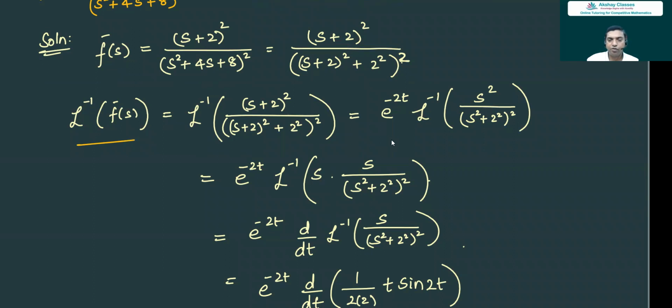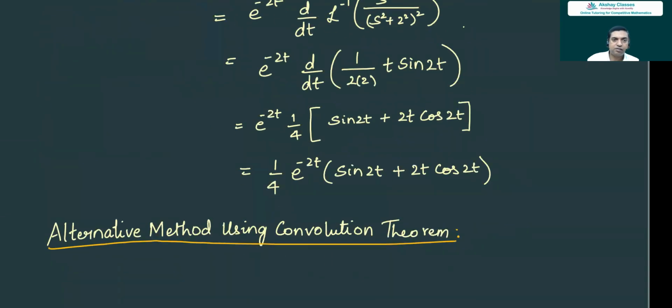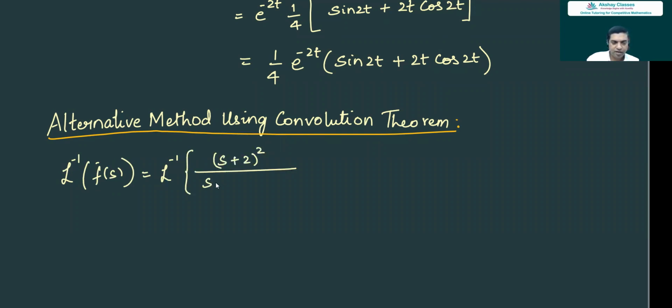We will apply convolution theorem from here, from this point. Okay. So Laplace inverse of f bar s is Laplace inverse of s plus 2 the whole square by s plus 2 the whole square plus 2 square the whole square.